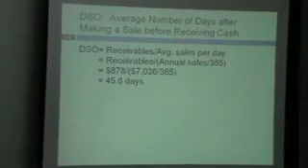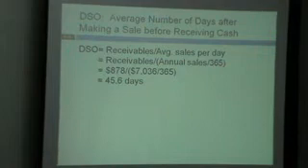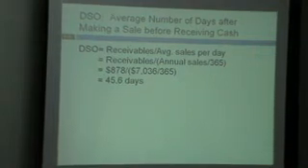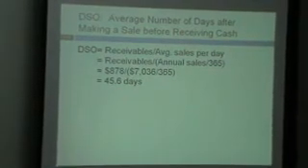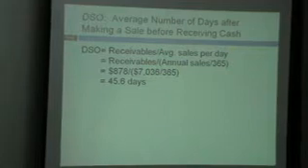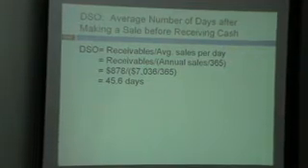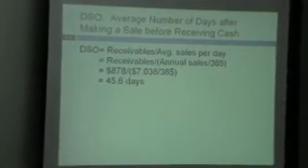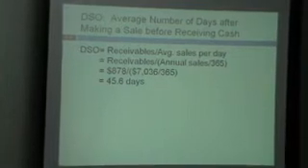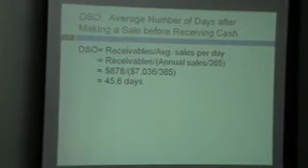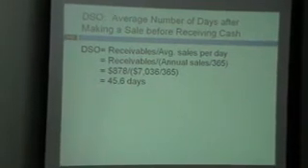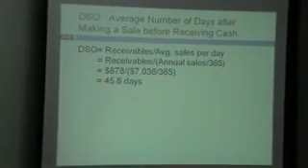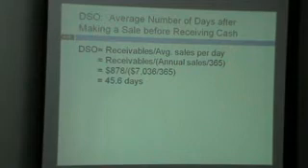Basically, you can say what your credit policy is, in how many days you are getting cash. So you can calculate days sales outstanding by dividing receivables by your average sales per day. Average sales per day is equivalent to annual sales divided by 365, the number of days in a year. So days sales outstanding for this Delon company is 45.6 days. So they are basically receiving cash against their credit sales in 45.6 days.